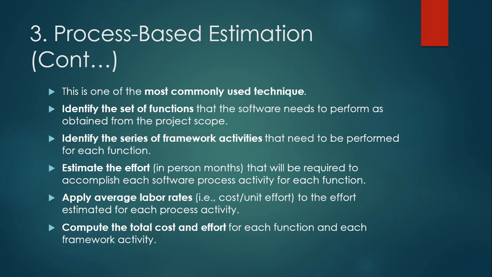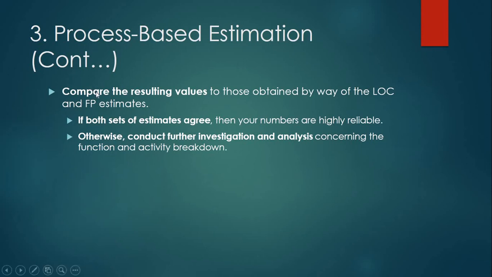After computing the individual values, we will compare the resulting values to those obtained by way of LOC and FP estimates. LOC means line of code and function point estimate, from our previous estimation technique. We will compare this result with it. If both sets of estimates agree, then your numbers are highly reliable.